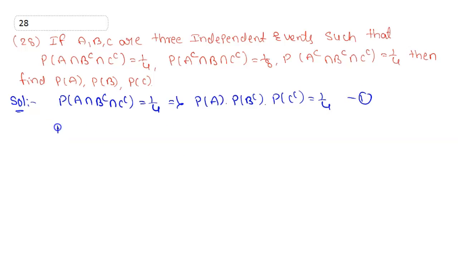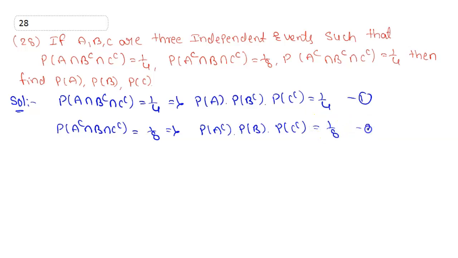And next P of A complement intersection B intersection C complement, that is equal to 1 by 8, right? Implies P of A complement into P of B into P of C complement is equal to 1 by 8. That one I am taking as equation 2.